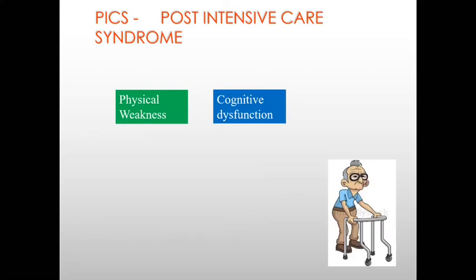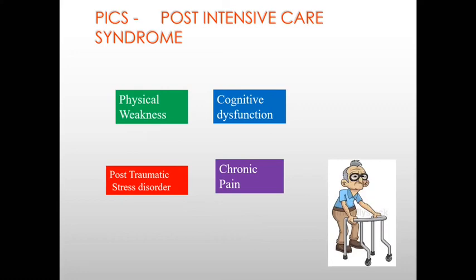So that can be a particularly bad outcome, particularly in older patients. A lot of patients who've been in ICU for any length of time have emotional problems and have severe post-traumatic stress disorder. And then what's also not recognized is that many patients after they stay in ICU have unexplained chronic pain, back pain, limb pain, and are quite severely impaired by this.